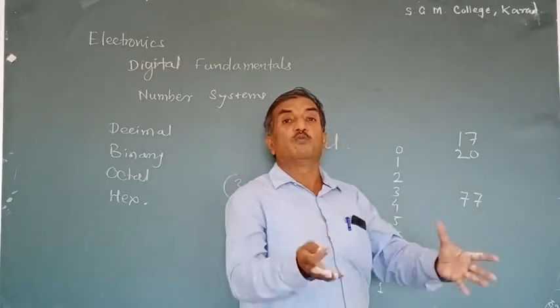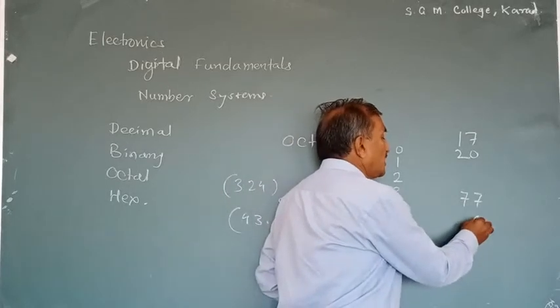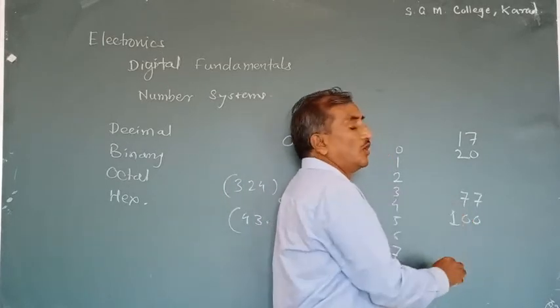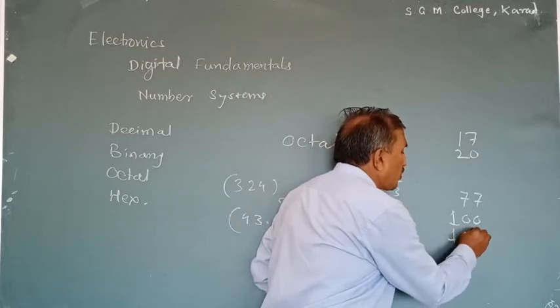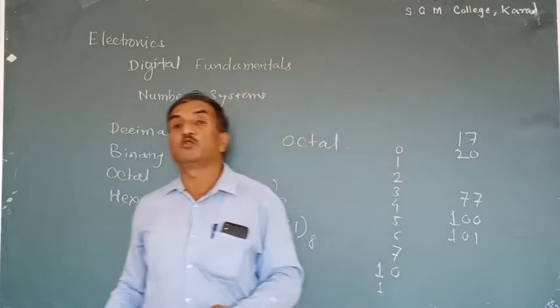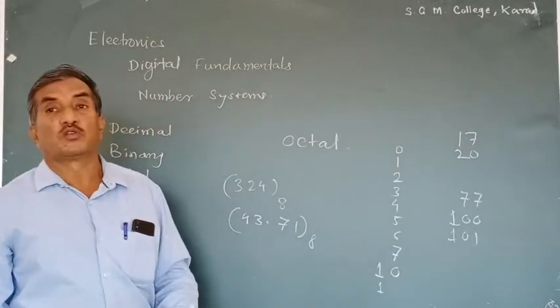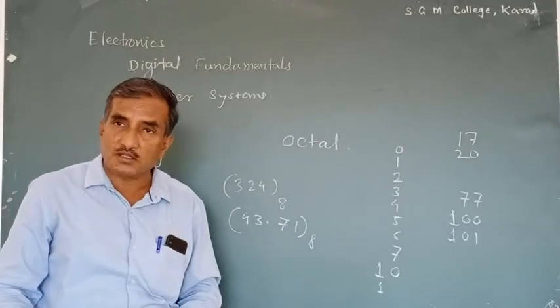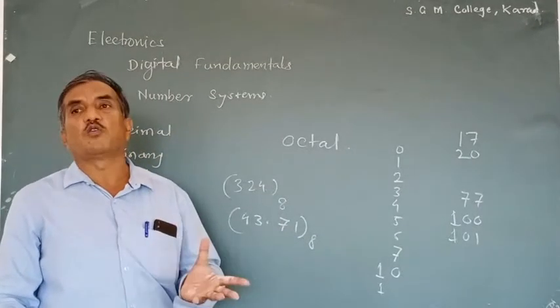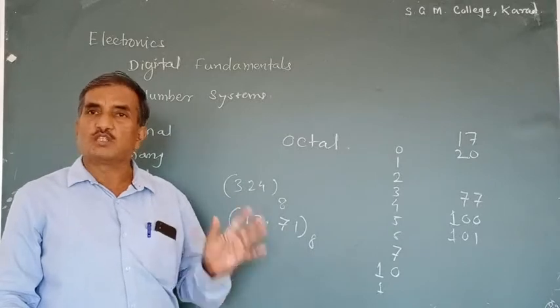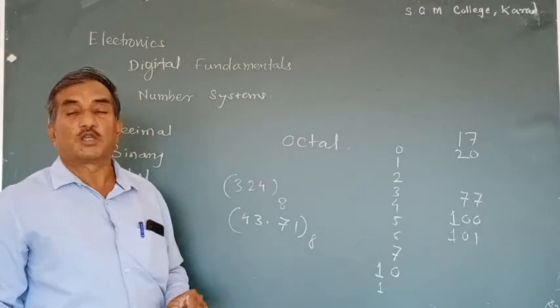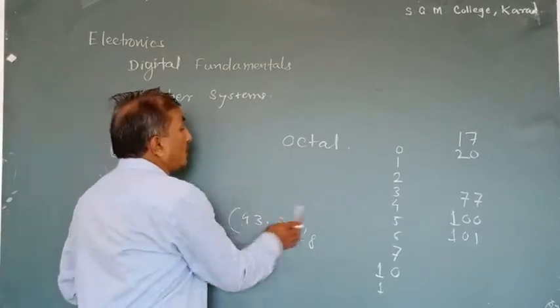Now what is the next number after 77? No doubt, reset and increment, giving 101. In this way we count in octal also. Its base is such that we can easily count in octal, as every symbol has been given a specific meaning. So this is about the octal number system.